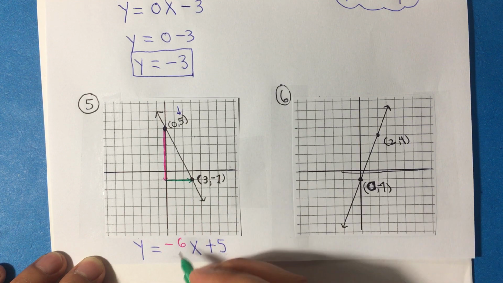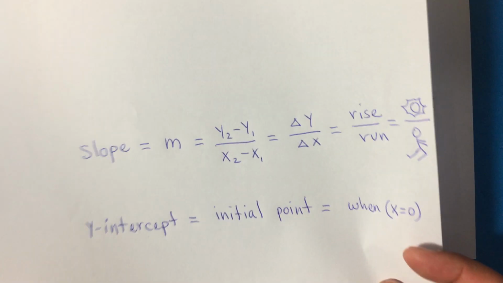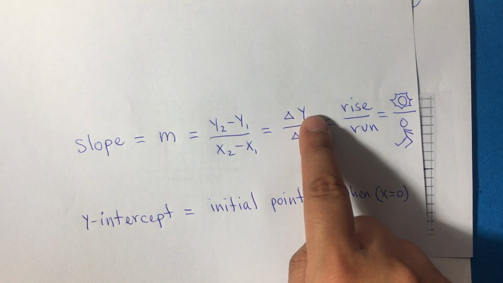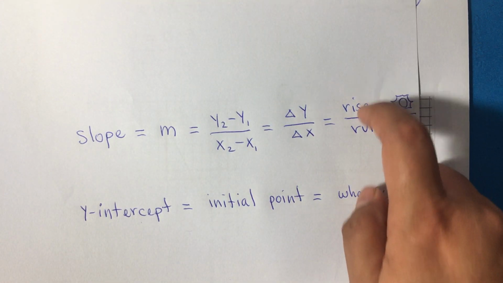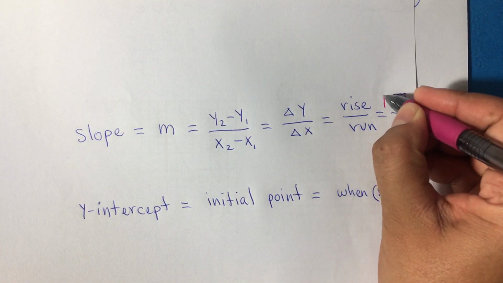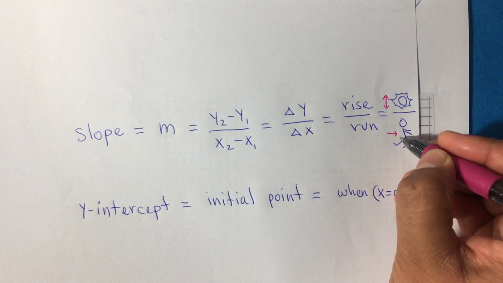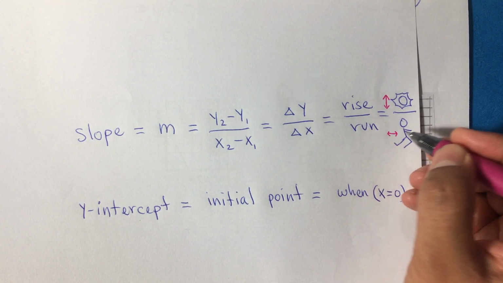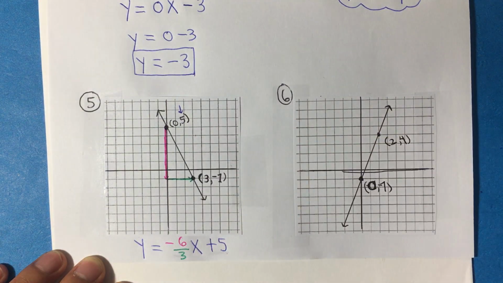So it's +3 for x, okay? That's why it's the change on y over the change on x. And it's the same, rise and run. The rise is always up if it's positive or down if it's negative. Run is to the right if it's positive or to the left if it's negative. So in here is negative and positive.